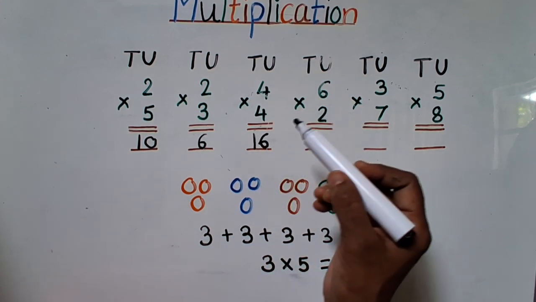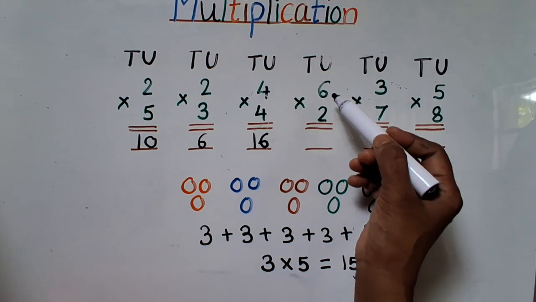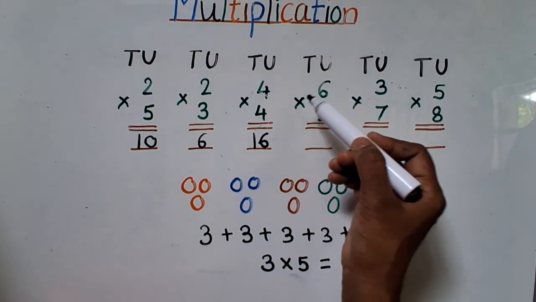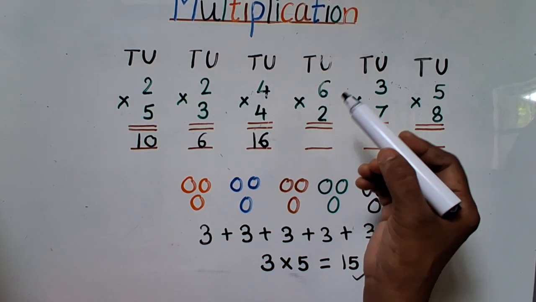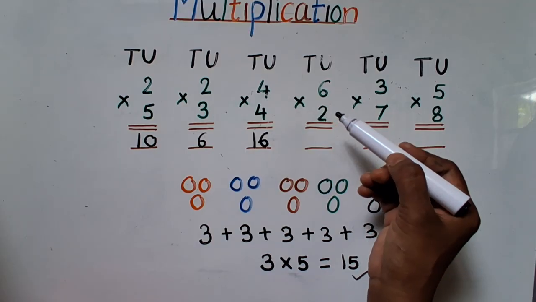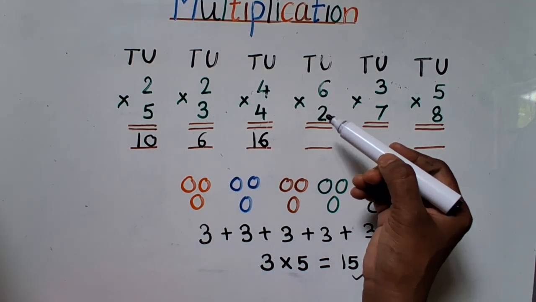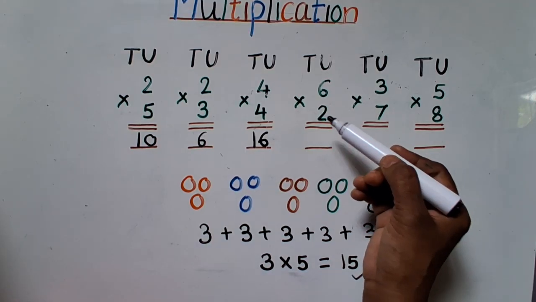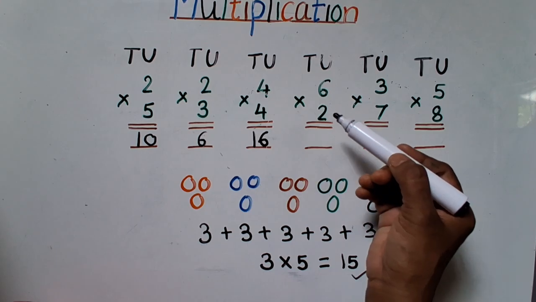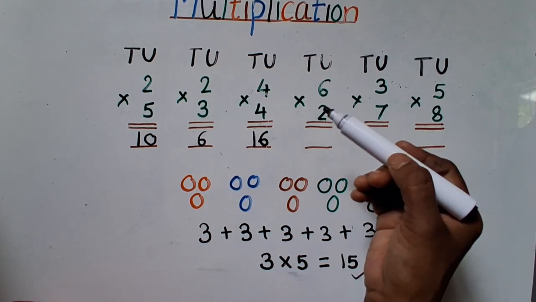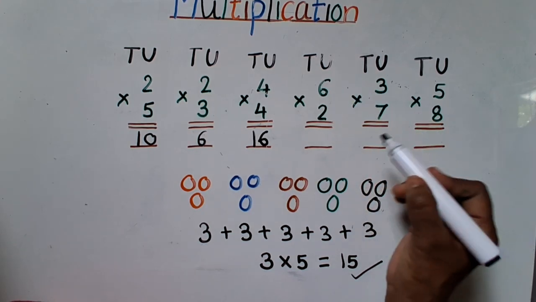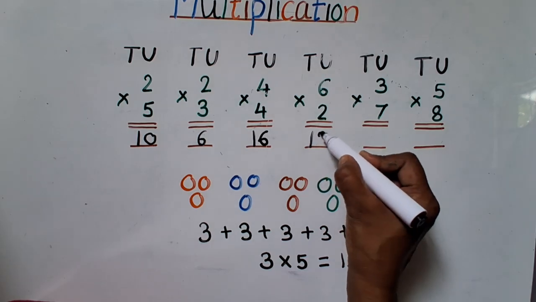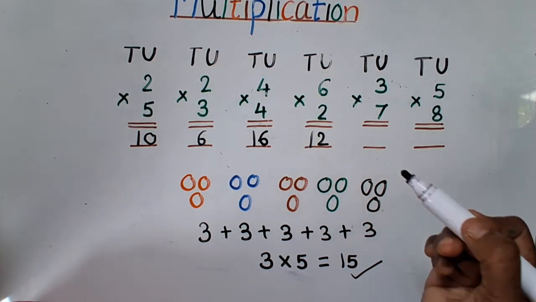Right? Now our fourth example is 6 multiplied by 2. So let's recite the table of 2. 2 ones are 2, 2 twos are 4, 2 threes are 6, 2 fours are 8, 2 fives are 10, 2 sixes are 12. Isn't it very easy?